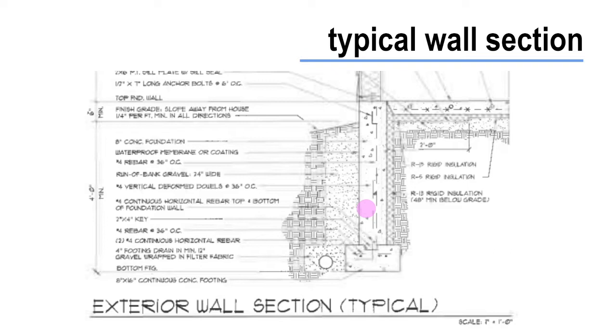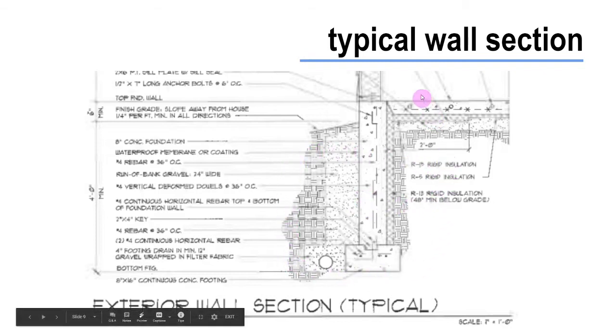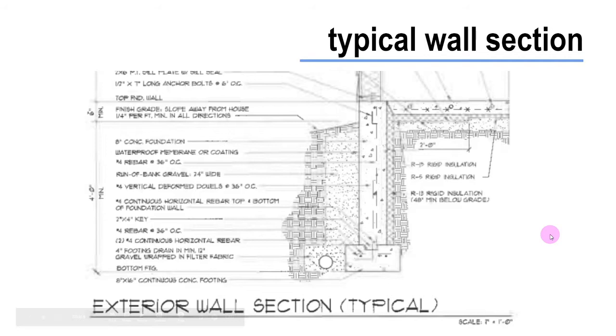So if we have our floor plans and elevations done at 1/4 inch equals a foot, our wall section will be at either 1 inch equals a foot or 3/4 of an inch equals a foot. And there may even be detailed call-outs of specific areas that would be done at an even larger scale, like 1.5, or you can even have details done at 3 inches equal to a foot, just to make sure that all of those construction concepts are covered.